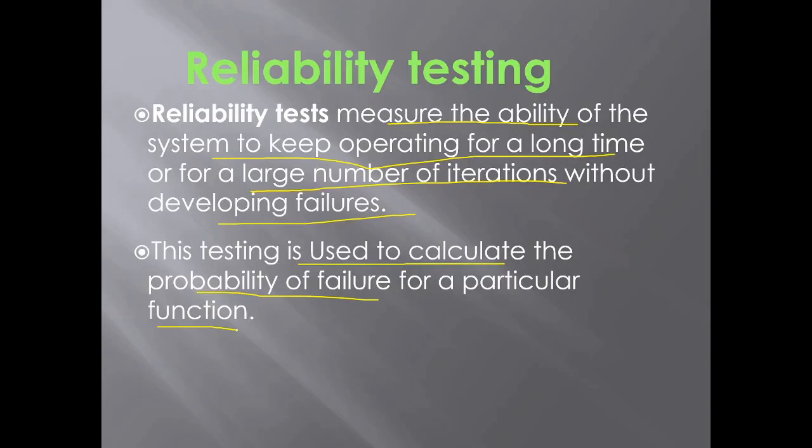Like the login function, if you keep on logging in 10,000 times, how long until a failure occurs. So you can calculate the probability of failure of the login function, in which case it fails and how many hours it keeps on operating.